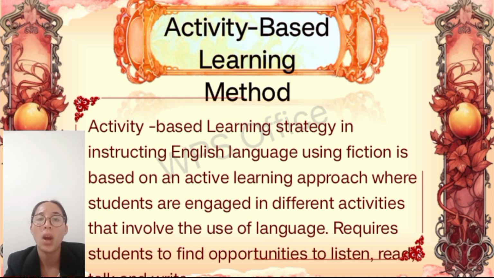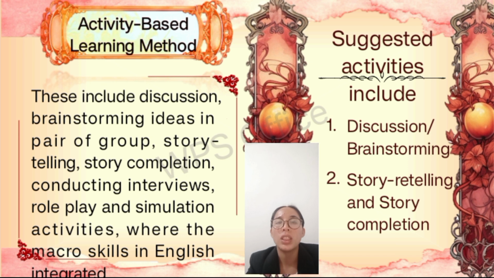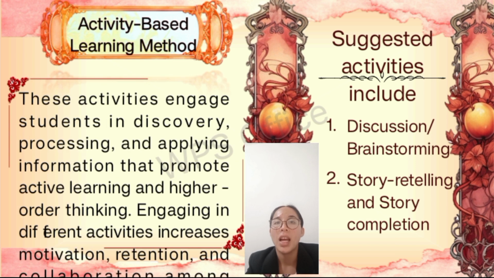Activity-based learning requires students to find opportunities to listen, read, talk, and write. This includes discussion, brainstorming ideas in pairs or groups, story retelling, story completion, conducting interviews, role play, and simulation activities, where the macro skills in English are integrated.